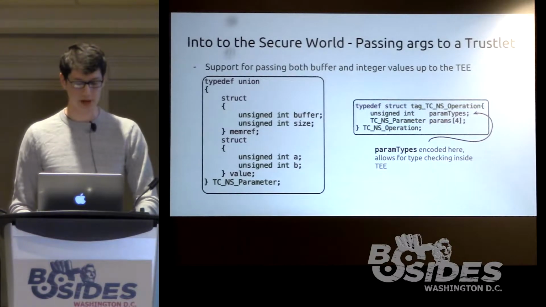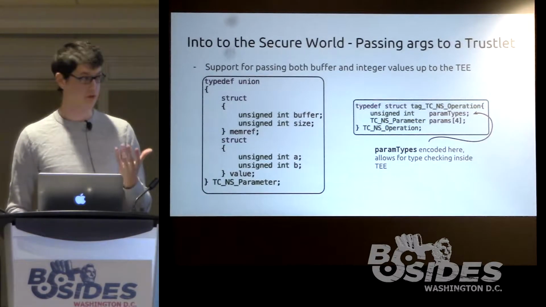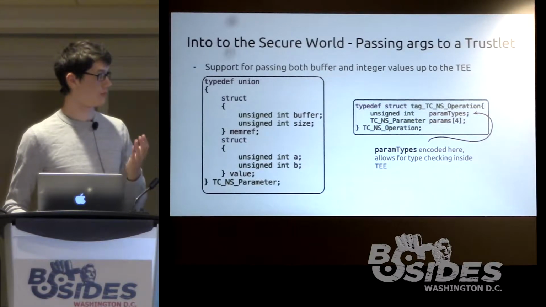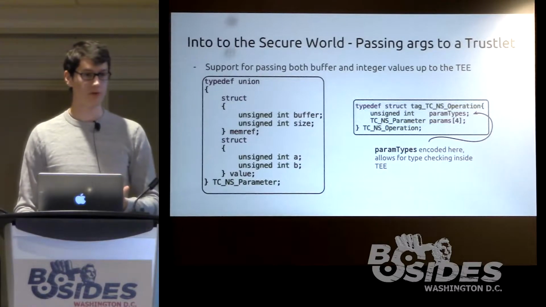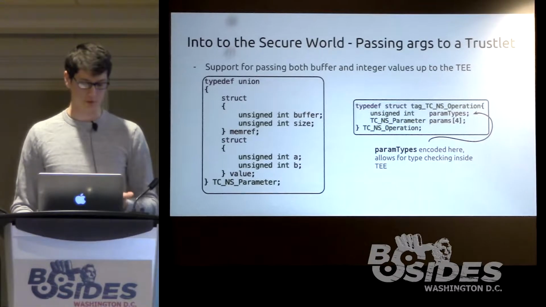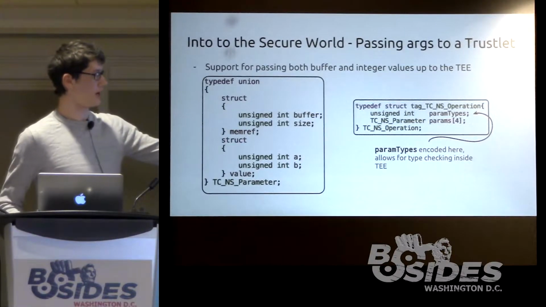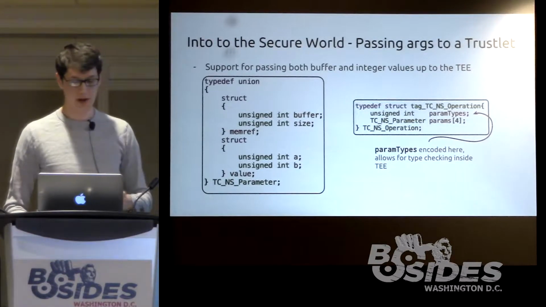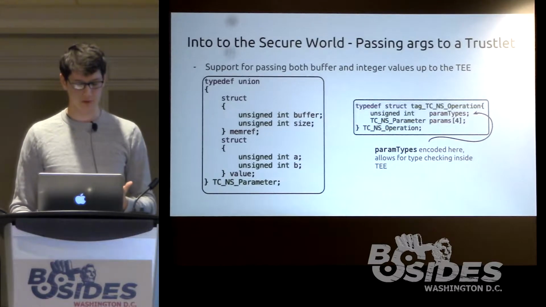The way this is handled is your TrustZone kernel is going to pass up this TEEC_Operation pointer, or pointer to the structure, which can handle up to 4 different parameters. Because we can pass up integers or memory references, a simple type checking system needs to be in place. This is actually pretty easy. As you can see, they have the structure on the right. It has space for exactly 4, and then they have an integer which specifies the type of every single one of those parameters.